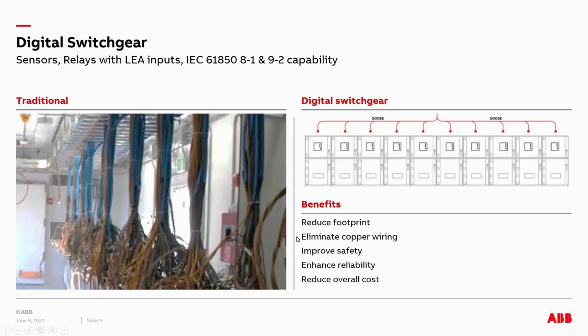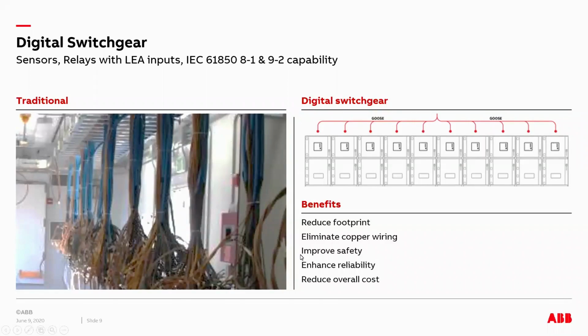It improves the safety of the equipment because we are not dealing with the open CT conditions anymore by using sensors, and there are no higher voltages and currents like 120 volts or 5 ampere to be dealt with.